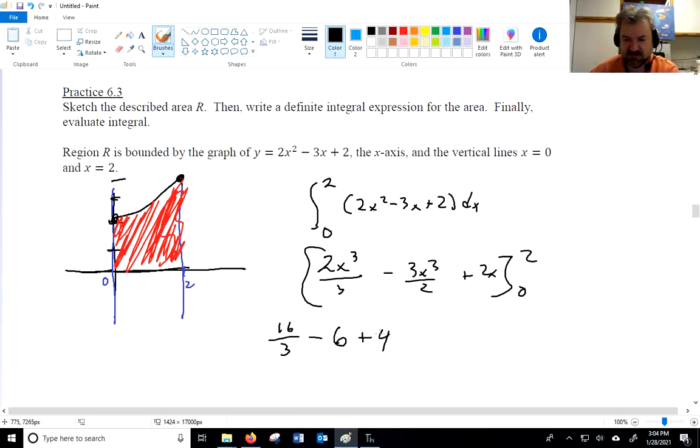So we have 16 thirds minus 6 plus 4. I'll just make them all over 3's. And that's going to give us 10 thirds.